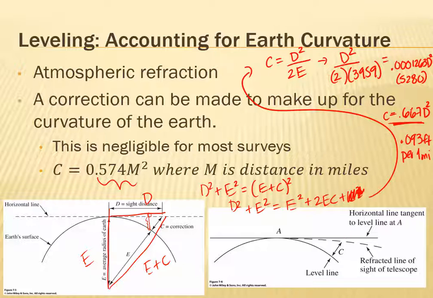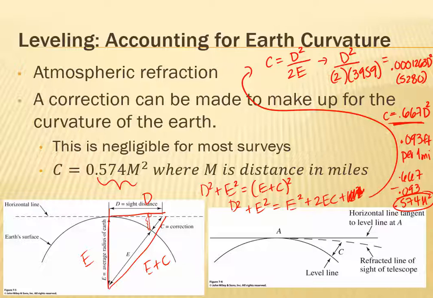So 0.667 minus 0.093 is equal to 0.574. And then we can replace d with m, as in miles, so m squared. That's where that came from. If that didn't make any sense, I went too fast, please read it in your book. There's a step by step.